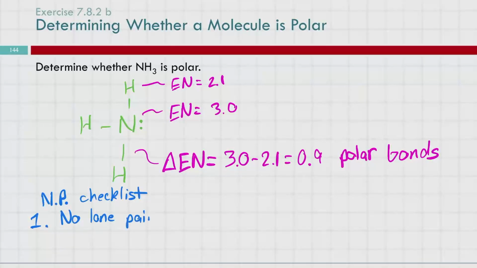Our central atom here is nitrogen. Do we meet our first condition? Do we have no lone pairs? Or is there a lone pair? There is a lone pair. Nonpolar Express fails, so we do not pass. It is not nonpolar, therefore, since we have a polar bond, it's polar.